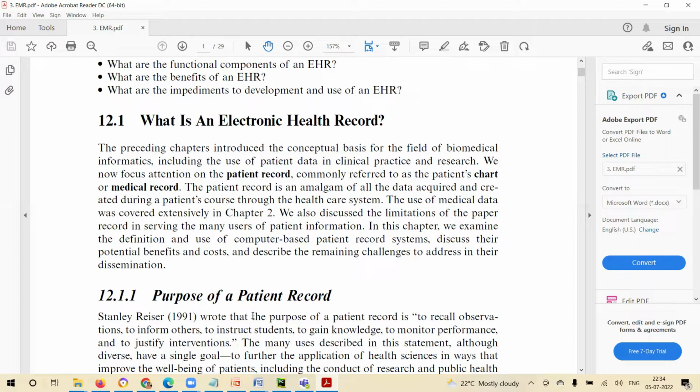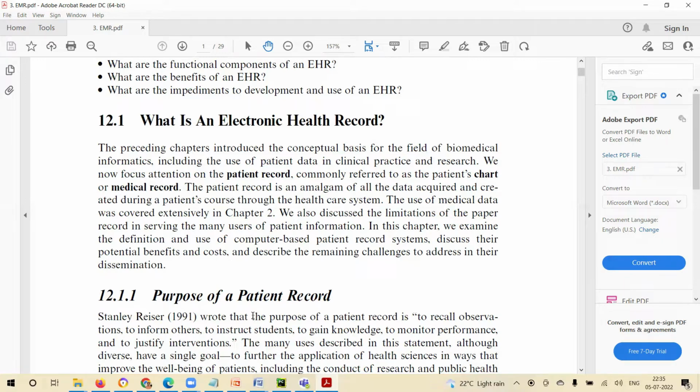So the second person to use your EHR is the nurse. Then you go to the doctor, right? The doctor should be able to see your previous history, your lab reports, and the medicine that you are taking.